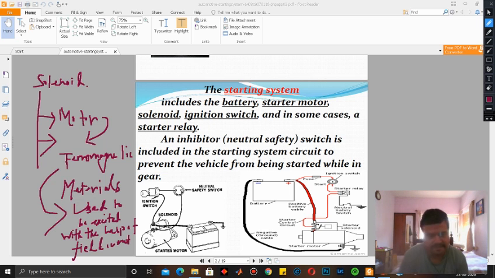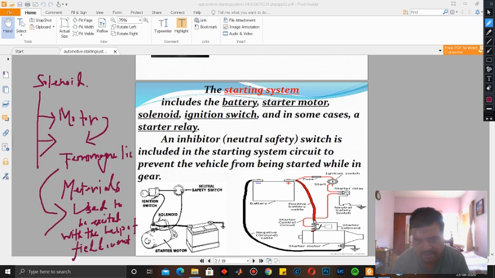When field current is passed through that ferromagnetic material, it exhibits magnetic property, and magnetic lines of force in the form of magnetic flux will be emanated from that material, and the path will be from North Pole to the South Pole.